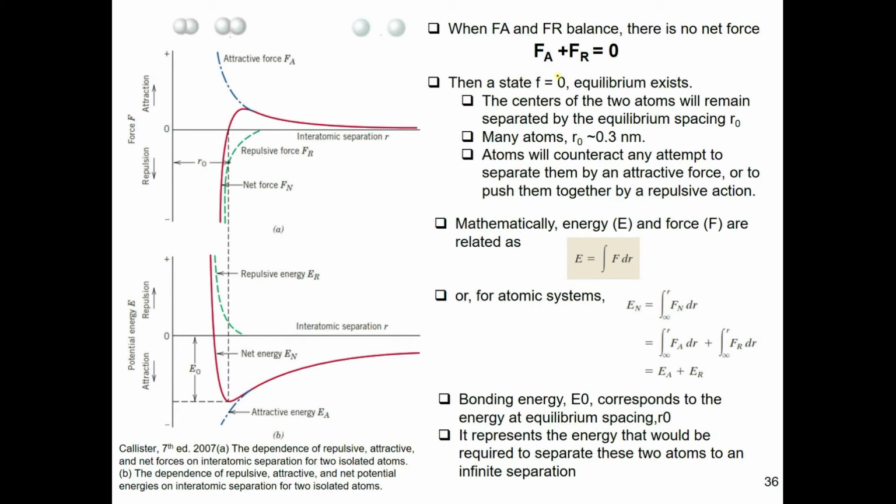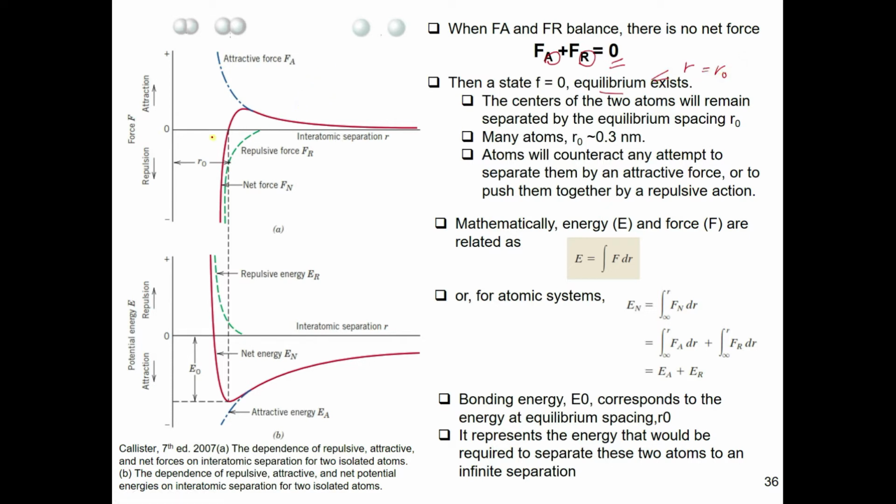When the atoms become closer together and reach the point where the attractive force equals the repulsive force, the net force is equal to 0. At this particular moment, we say that it has reached the equilibrium state, where R is equal to R naught.